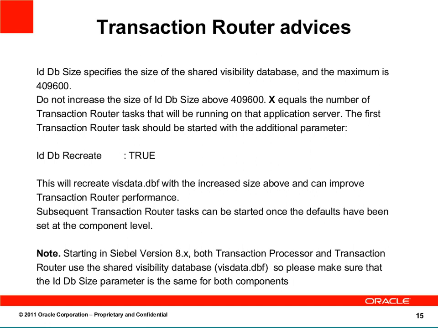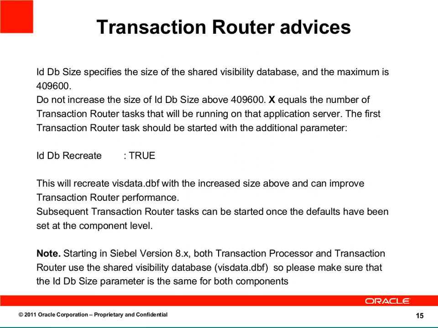After you start the first transaction router, wait for this file to be created, sometimes 5-10 minutes, and then start the other transaction routers with IDDB create equal false. This will recreate this data.dbf with the increased size above and can improve transaction router performance most of the time.